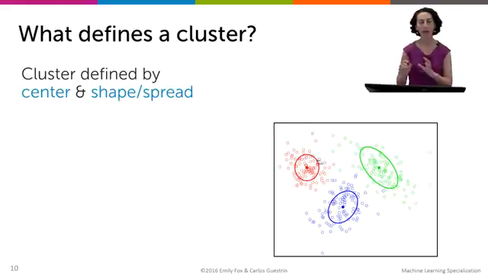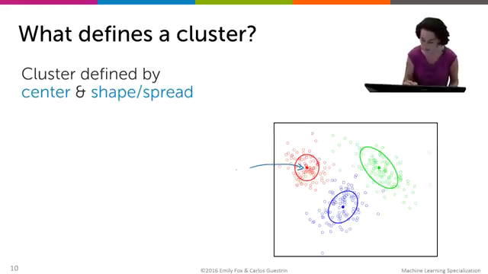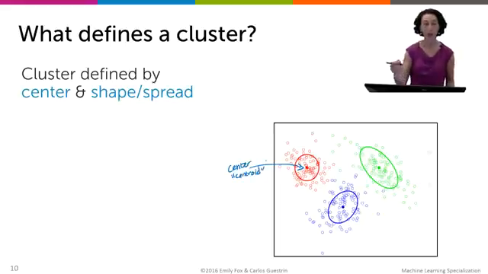And once we've defined what a cluster means, then we need to define algorithms for inferring these clusterings. Okay, but a cluster is defined by its center, which is often called a centroid, as well as the shape of the cluster. And in this application here, the clusters are defined by ellipses.